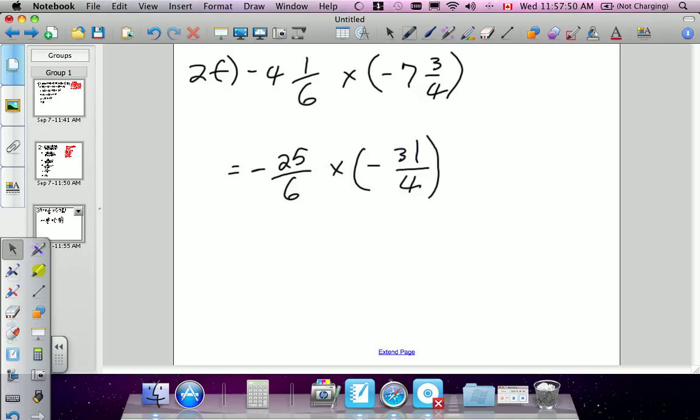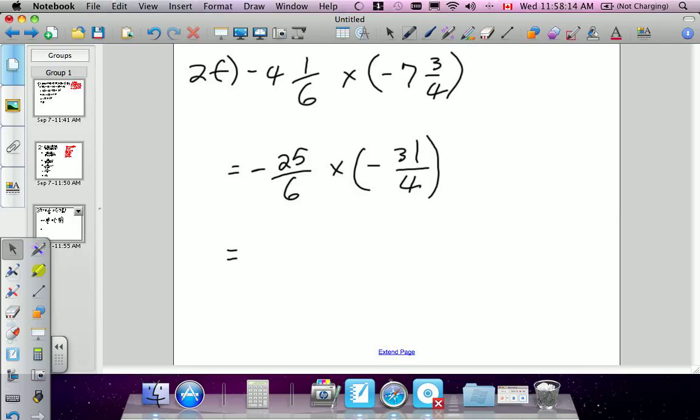The next part's relatively easy. All I need to do when multiplying fractions is multiply the top numbers by each other and the bottom numbers by each other. Actually, before I do that, I have a negative number times a negative number. What does that mean? My answer is going to be definitely positive.